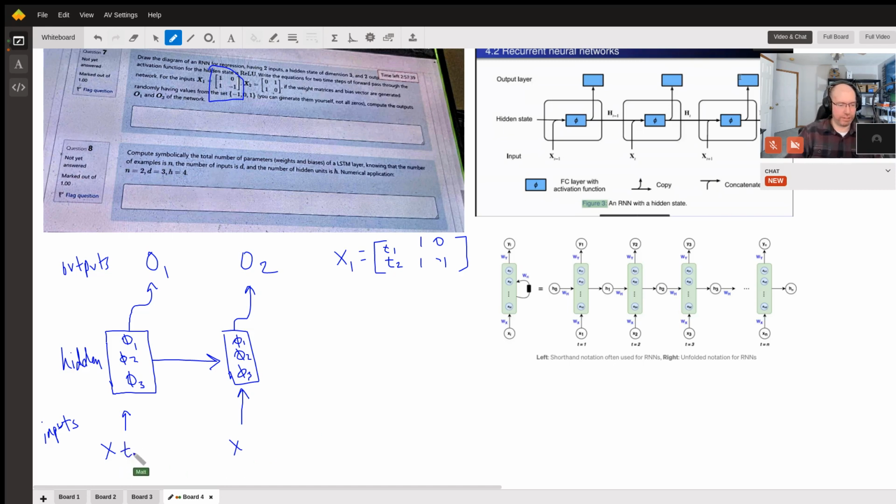And this would be like X of T 0. Actually, I should have made that smaller to make it a subscript. So X of T 0 and X of T 1. So you basically have 2 values, and then you get 2 values for each of your hidden units.